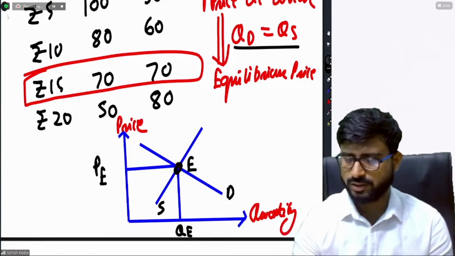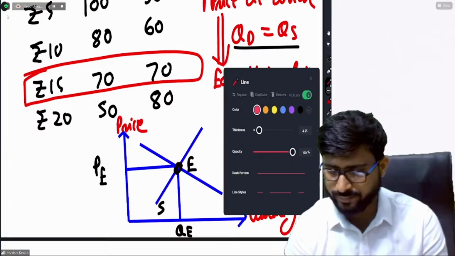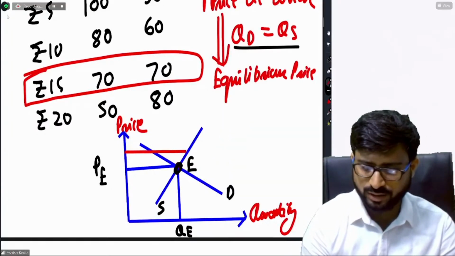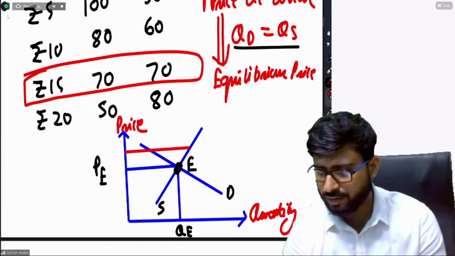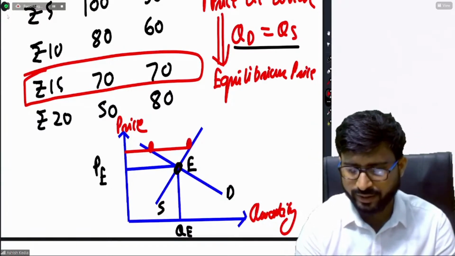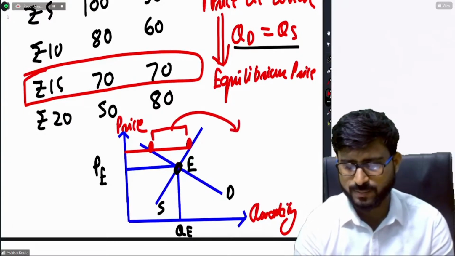Suppose they are not equal. So let me use another color for this. Now what you see, the demand is till this point, supply is till this point. So there is a situation of excess supply.